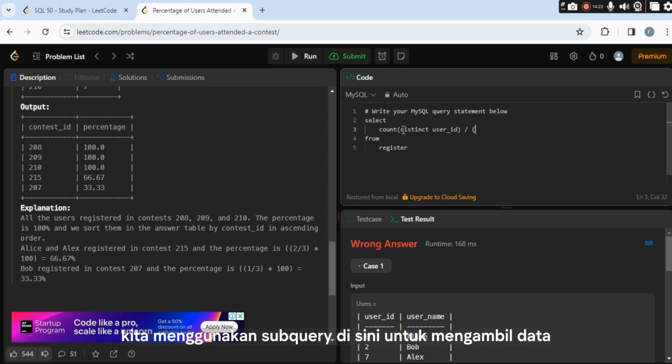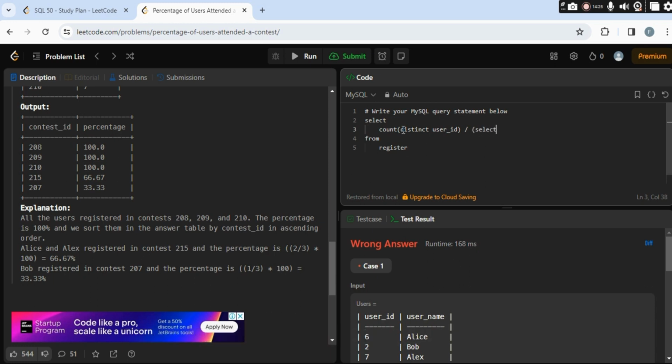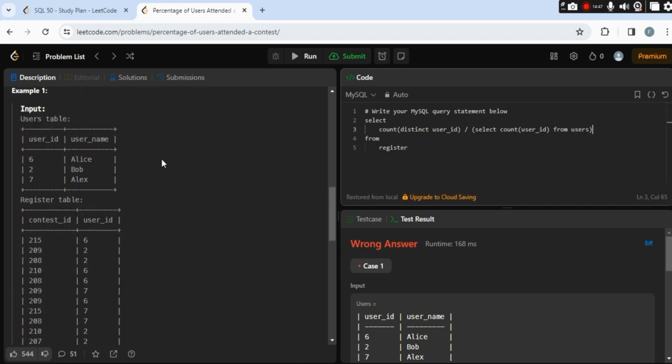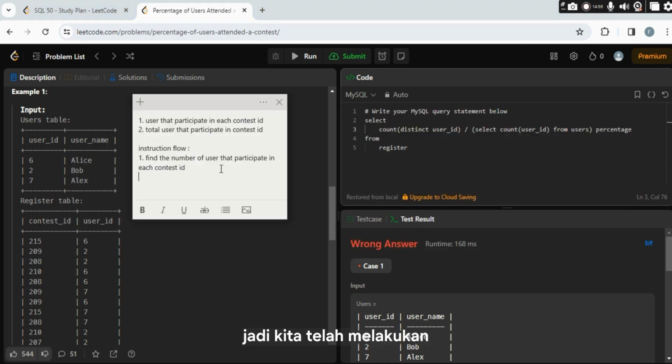We use a subquery here to retrieve the total number of users. So we have done the second instruction.